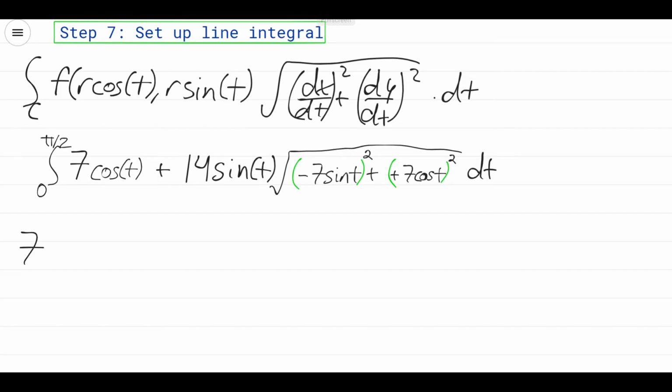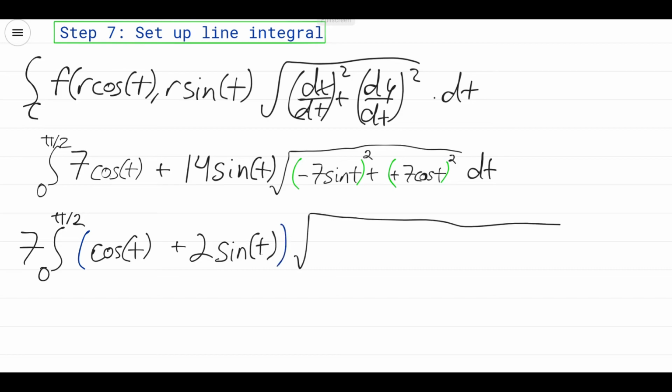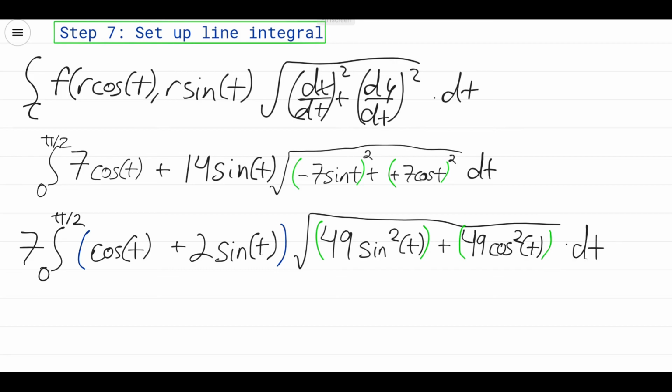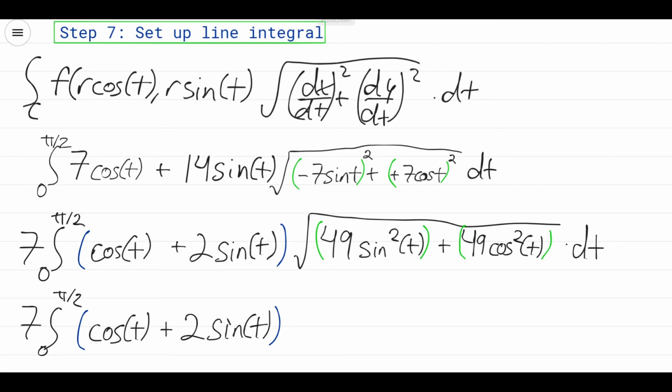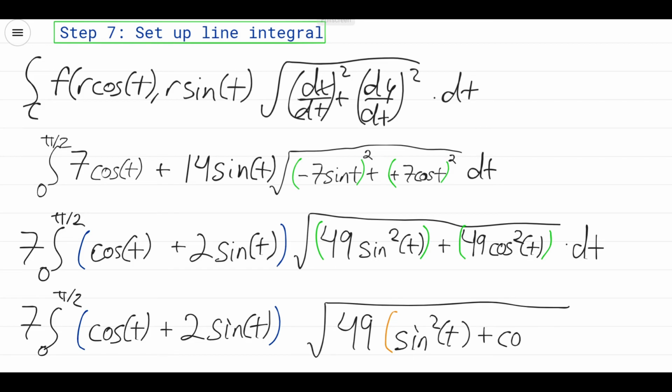So now what we're going to do is factor out 7, and we're left with the integral from 0 to pi over 2 of cosine of t plus 2 sine of t, times the square root of 49 sine squared t plus 49 cosine squared t, times dt. And what we're going to do is factor out the 49 inside the radical, so we're left with 49 times sine squared t plus cosine squared t, times dt.